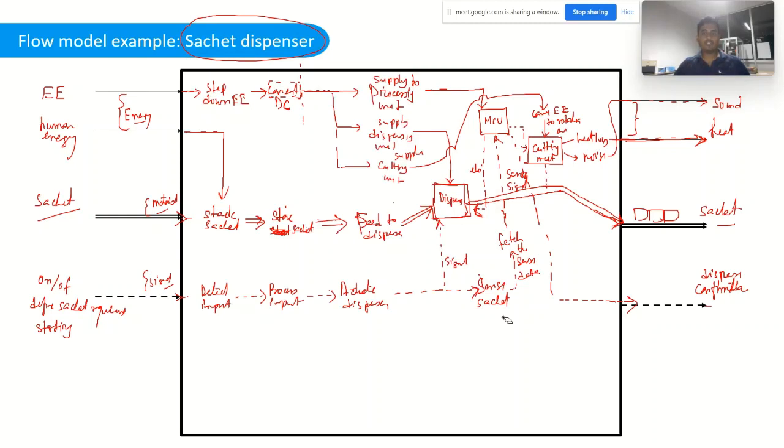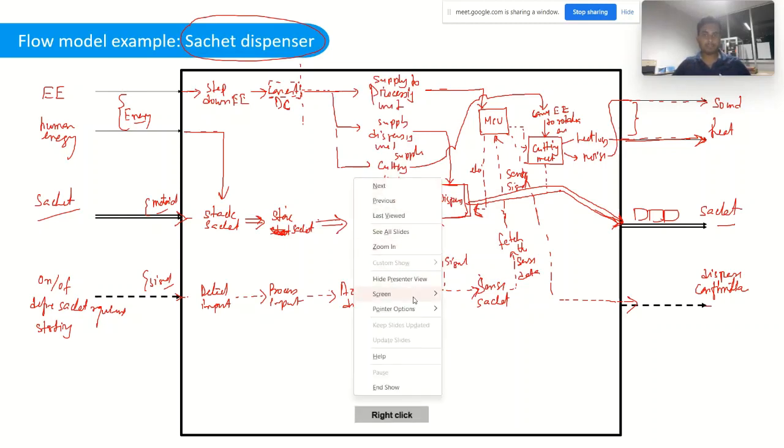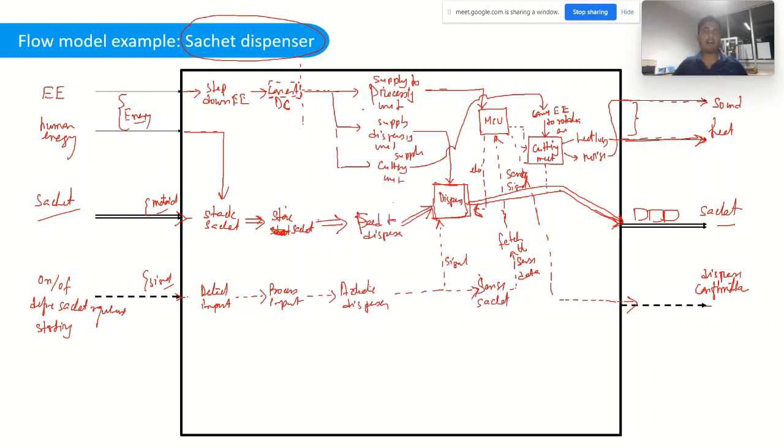So this is an example of how we can use a flow model for a new product like a sachet dispenser. And you can see we have critical functional blocks, but we have a lot of interdependencies across the various critical functional blocks.